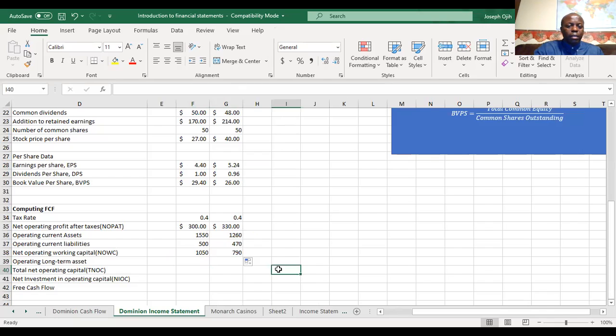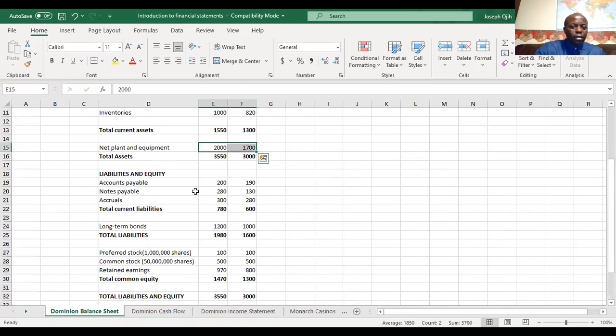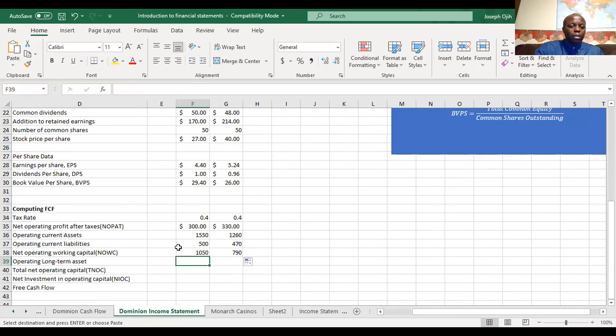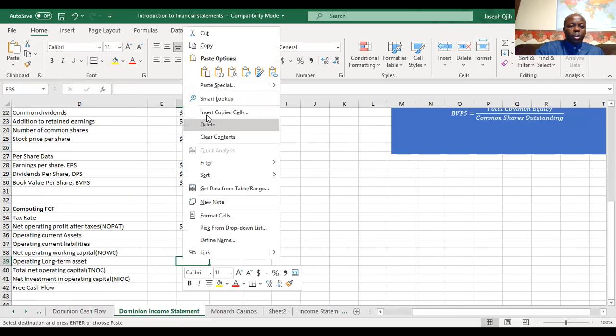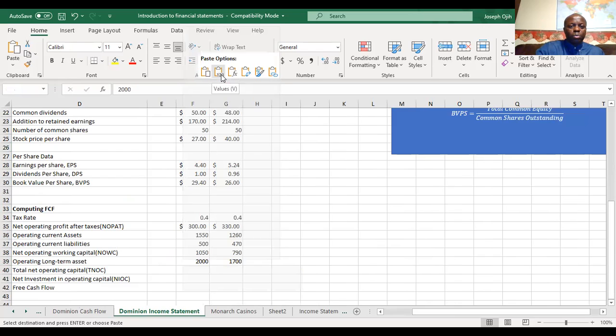Okay, let me see what happened here. Let's try it again. Balance sheet. We copy it from there. But I didn't copy it, that's why. Okay. Copy. And then income statement. Okay, you give me the option here to choose the values. So you press the numbers.